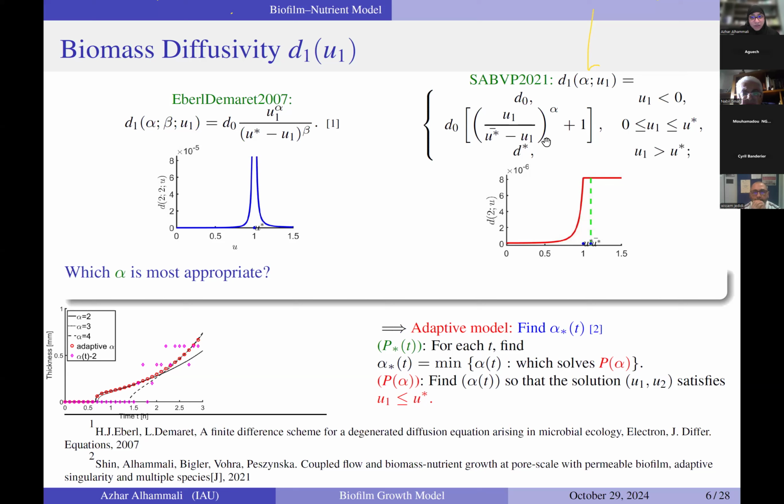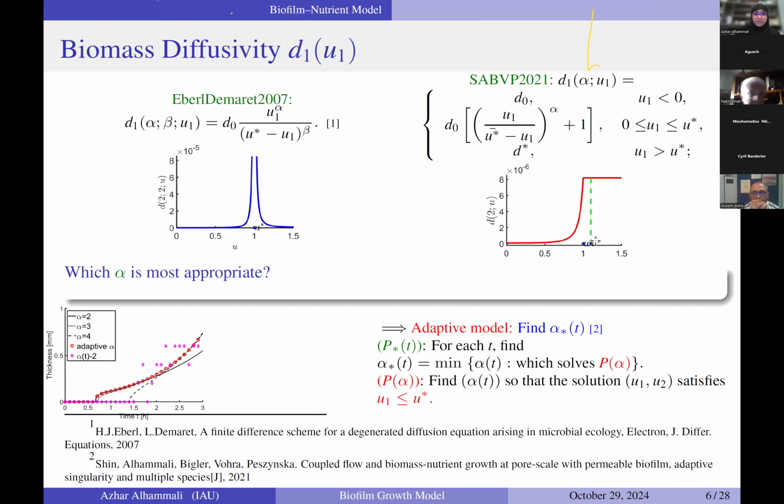Okay, so the definition is here: U star bar is greater than U star. U star is a parameter here. It's not the same problem.